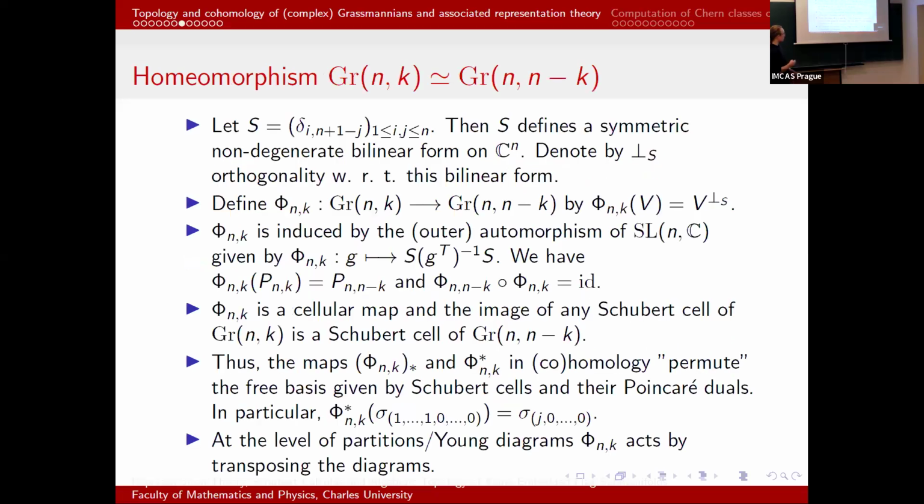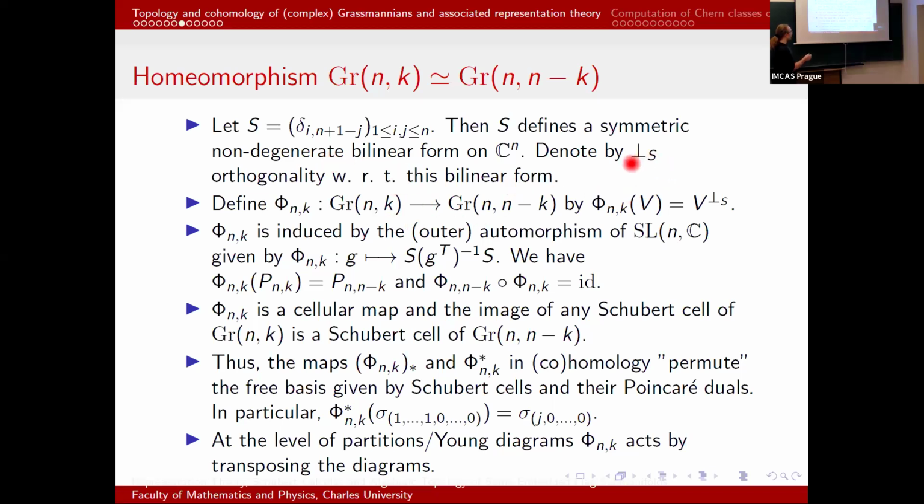This map, even though not specified in the Grassmannian lattice, will be important for our computation. It's the homeomorphism which identifies the Grassmannian Gr nk with the complementary Grassmannian Gr n, n minus k. And so we consider a non-degenerate symmetric bilinear form on C^n, which is defined by the anti-diagonal unit matrix.